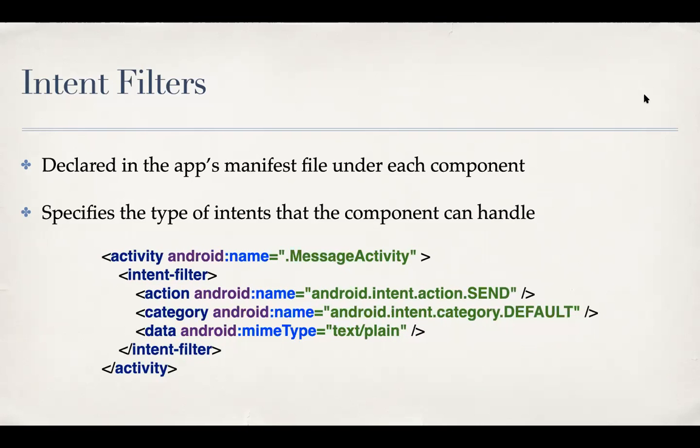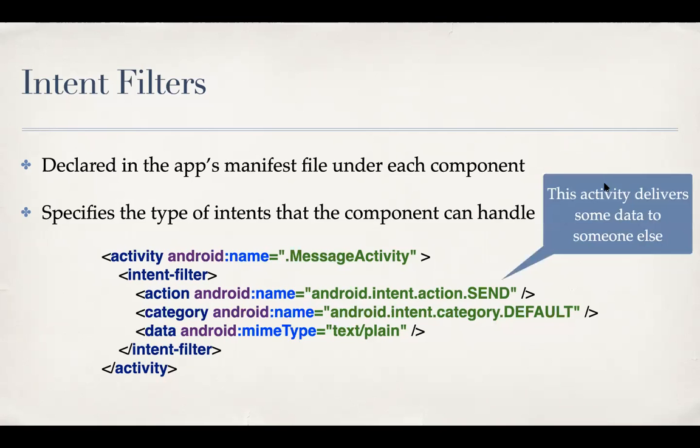Okay. Here is another example. Let's say you have an activity which wants to handle sending messages. So let's call it message activity. What you see here is the name send, and that tells us that this activity wants to deliver some data to someone else. Now, that is very vague, but it is deliberately that vague.